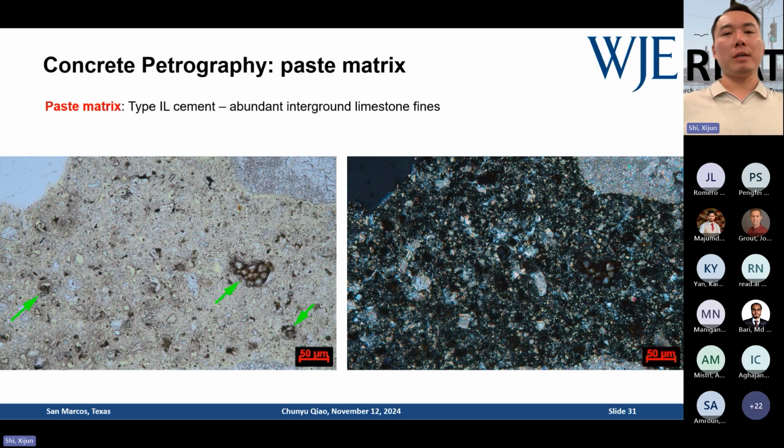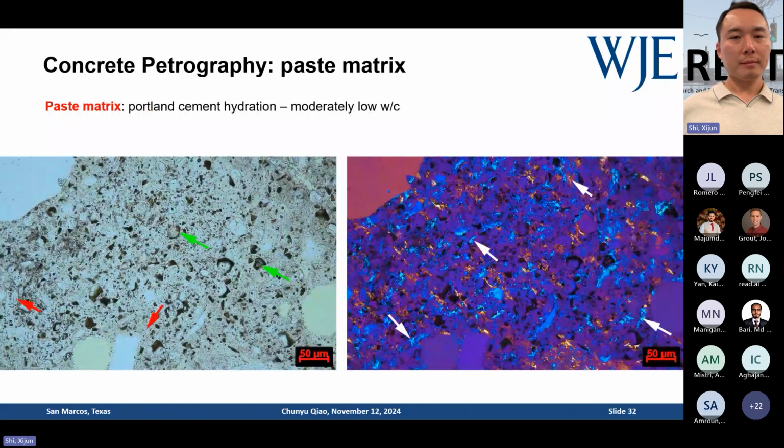You see a lot of those small yellow or brownish particles on the right to show you the feature of limestone. Of course, this concrete has limestone aggregates. You have some fines from the crushed limestone coarse aggregates. But again, this is a typical look for Type IL cement.